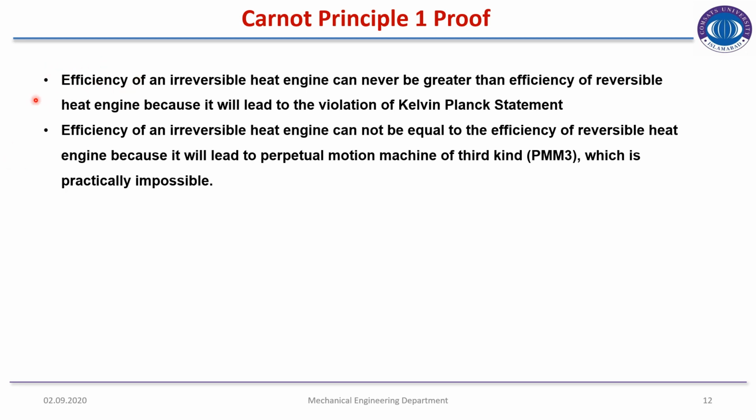So you have seen both the scenarios when we are proving the Carnot first principle. If we believe that the irreversible heat engine has greater efficiency, then it violates the Kelvin-Planck statement, and if we believe that both irreversible and reversible heat engines have the same efficiency, then it will lead to a perpetual motion machine of third kind, which is practically impossible.